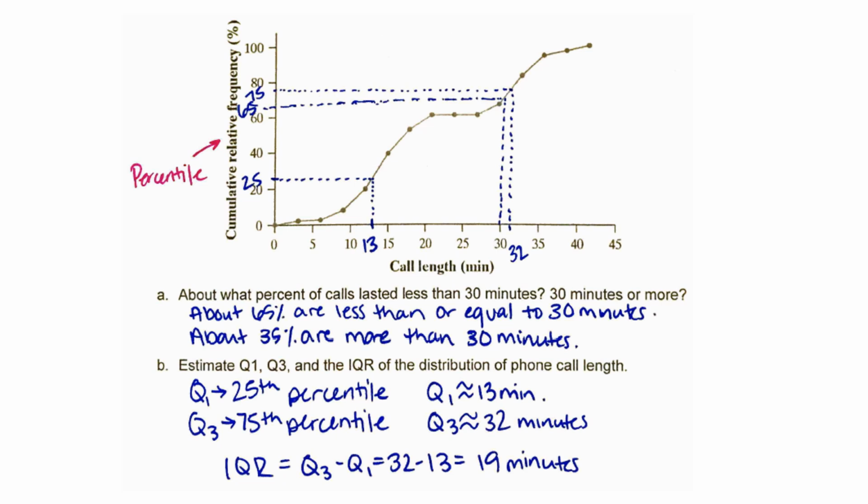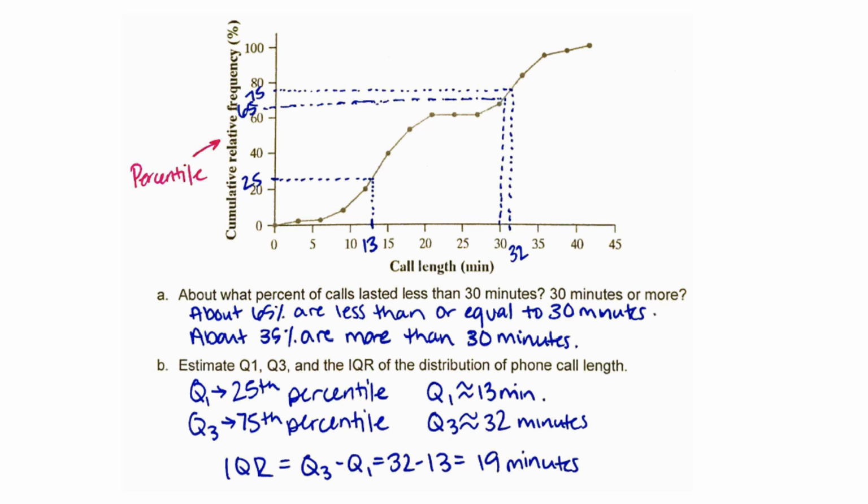The AP exam doesn't need for you to have the exact same answers as I do. You can tell, like on that 30 minutes one, I went a little down when I was trying to figure out the percentile. So it doesn't have to be exact with where I have it, but it should be fairly close. For the percentile where it lasted less than 30 minutes, it should be somewhere between 60 and 70 ideally.